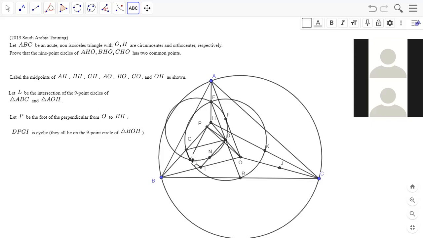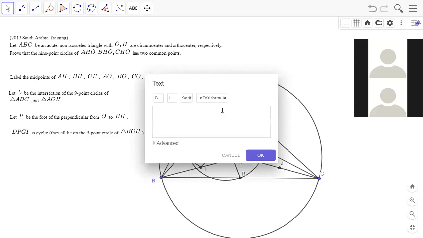Wait, so that doesn't work? Because I thought we showed that LNI is equal to LKR, and then DI is parallel to KR, right? I thought that worked. Let me try it.